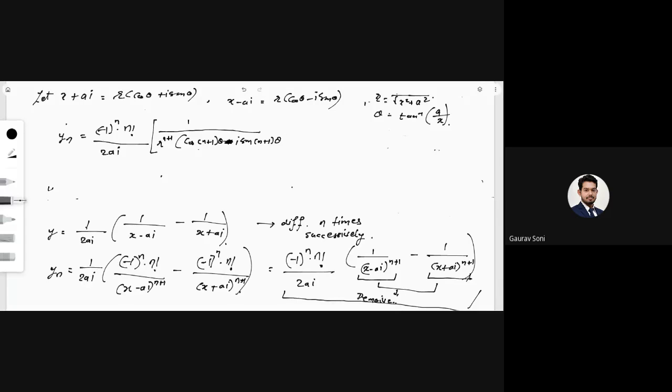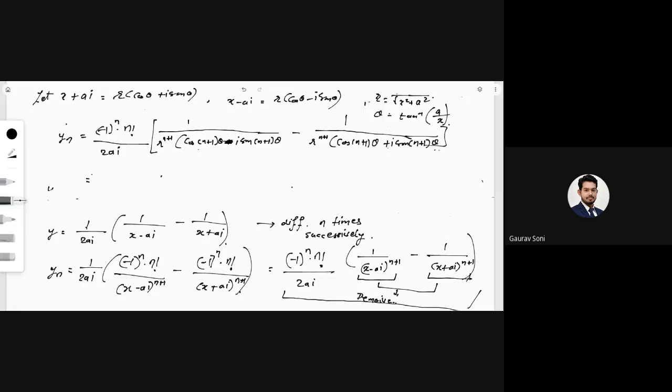Look, in one step I am doing both the things. I am also substituting the value and using De Moivre's theorem. And in the other one, I will have 1 upon r raised to n plus 1 cos of n plus 1 theta plus i sine n plus 1 theta. So what we can do is we can take r raised to n plus 1 common.